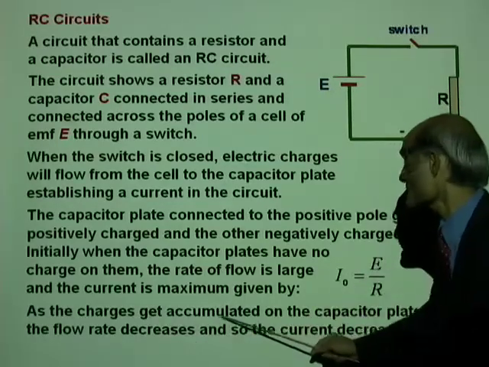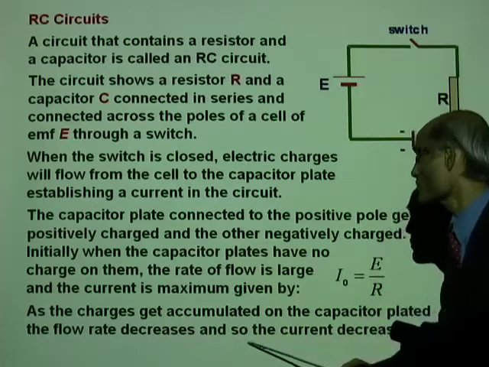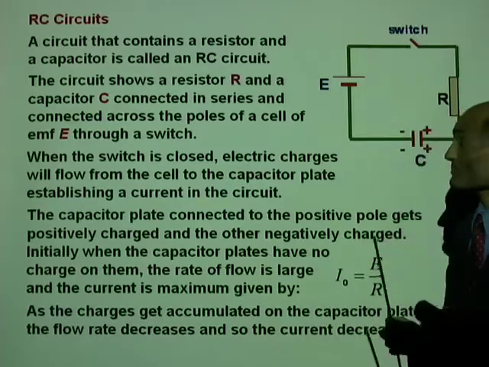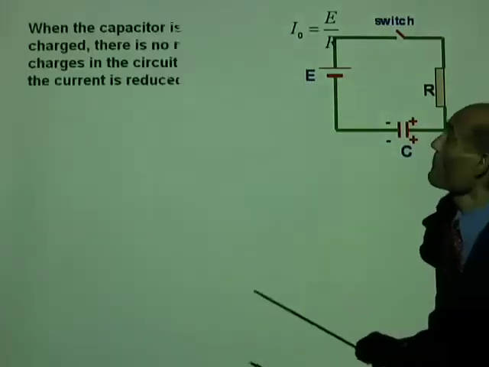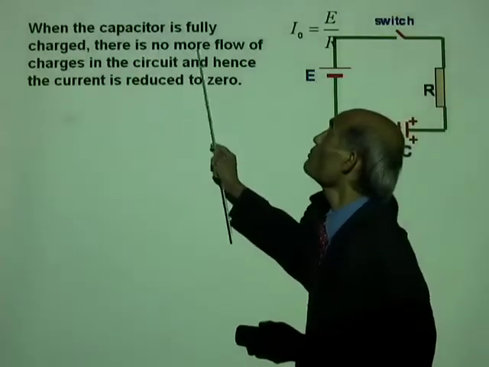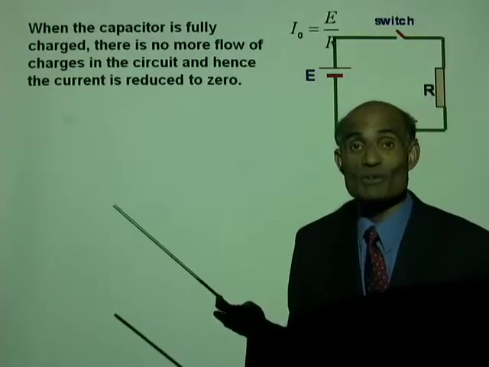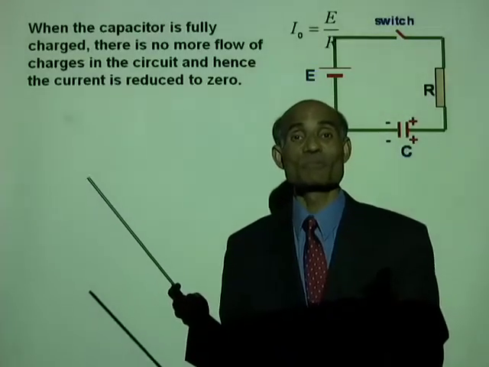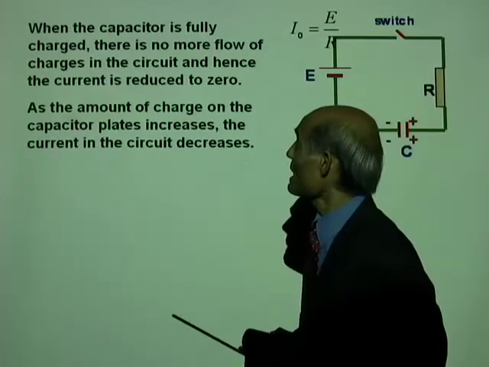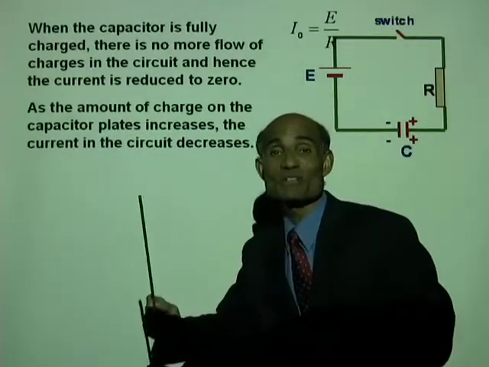As the charges get accumulated on the capacitor plates, the flow rate decreases, and so the current will decrease. Alright. When the capacitor is fully charged, there will be no more flow of charges in the circuit, and hence the current will reduce to 0. As the amount of charge on the capacitor plates increases, the current in the circuit decreases.